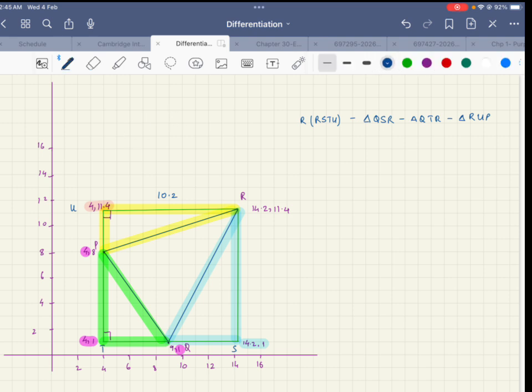From 8 it has traveled 11.4, so this is 3.2. From 1 it has traveled 8, so this is 7. From 4 it has traveled 9, so this is 5. From 9 it has traveled 14.2, so this is 5.2. And from 1 it has traveled 11.4, so this is 10.4.